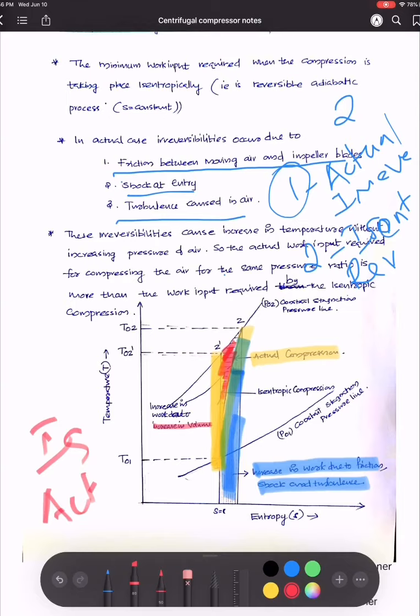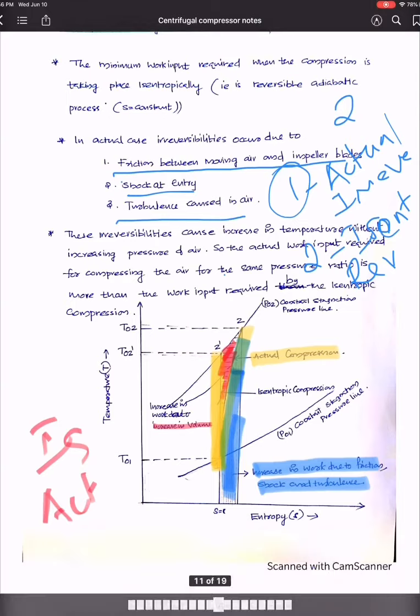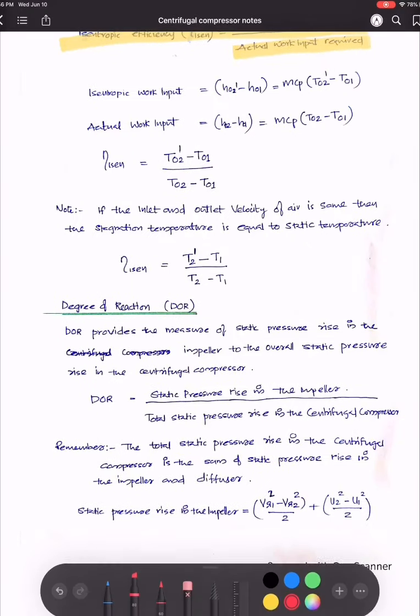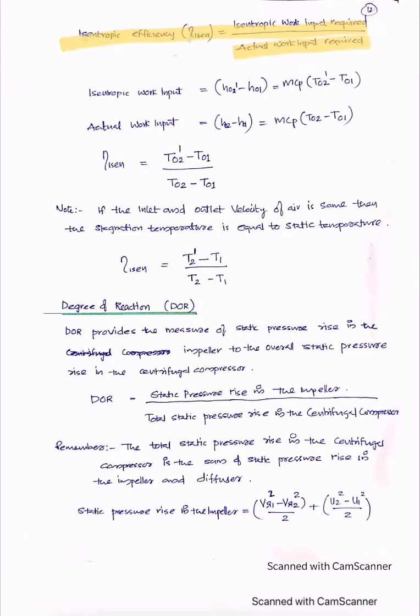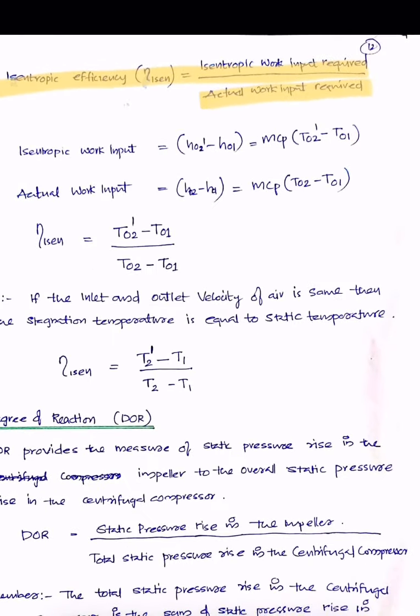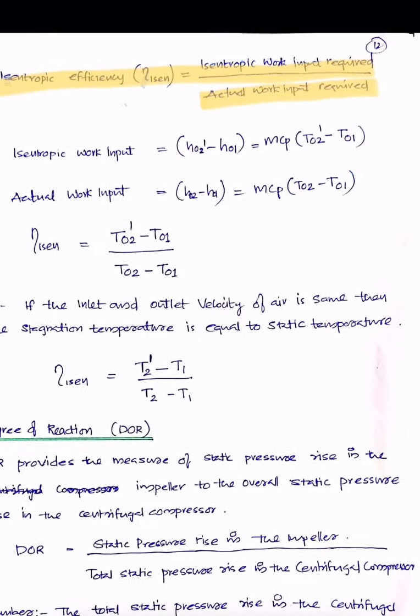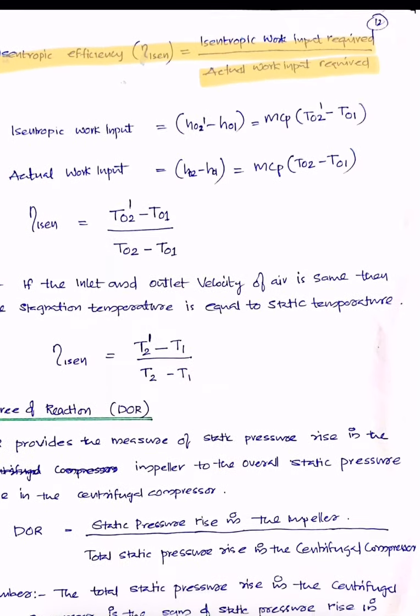Now I'll explain the equation. We'll go to the next page. So this is the equation for isentropic efficiency: isentropic work input required by actual work input required.